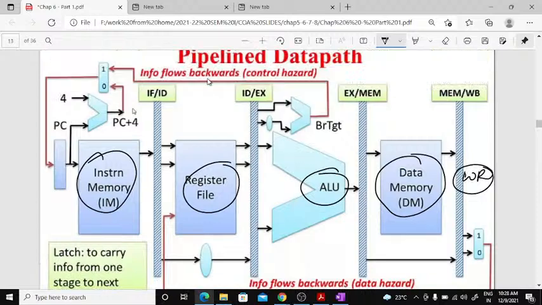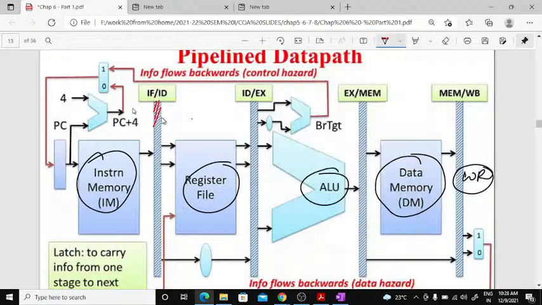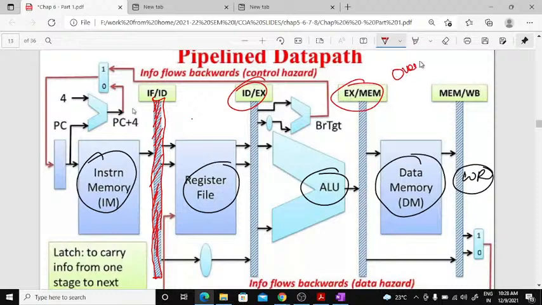But this part is very important, that is the latch, between the two stages. It is very important to overcome the hazards in the pipeline.